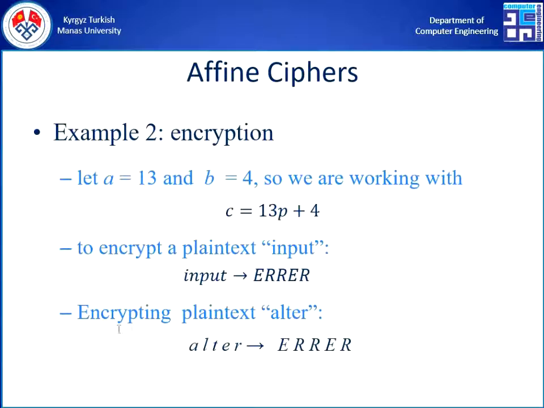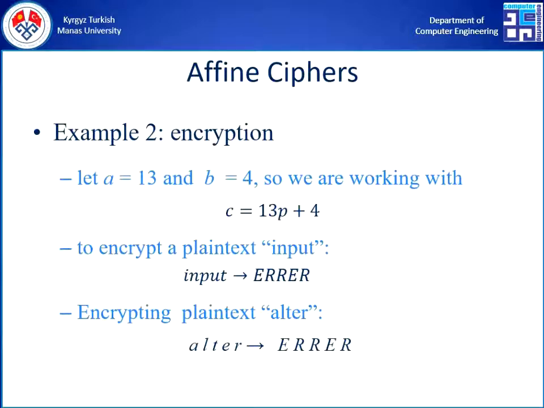But the point is that if we encrypt the plaintext alter with the same key of 13 and 4, we are going to obtain the same ciphertext. This is because the greatest common divisor of 13 and 26 is equal to 13. There is no multiplicative inverse for 13 modulo 26, so decryption is not possible since the mapping is not one-to-one. And this is why we have two different messages which are encrypted to the same ciphertext, even though we encrypted both messages using the same key.